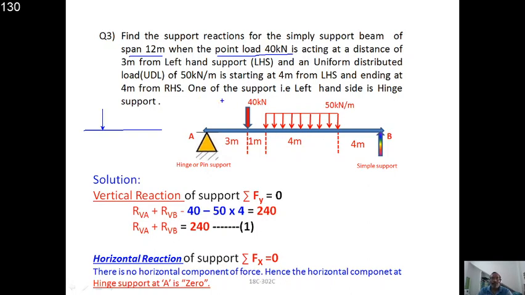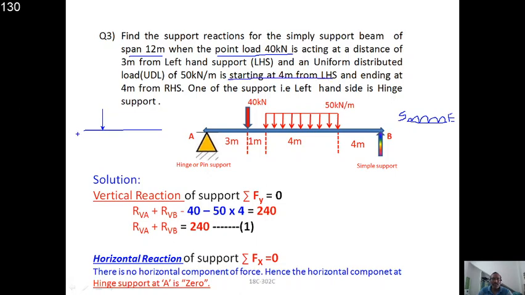And a uniform distributed load of 50 kilonewton per meter is starting at 4 meters. So I also said earlier that any UDL has a starting and ending point. If this is the UDL, this might be the starting point, this might be the ending point. So what he is saying is that it is starting 4 meters from LHS.